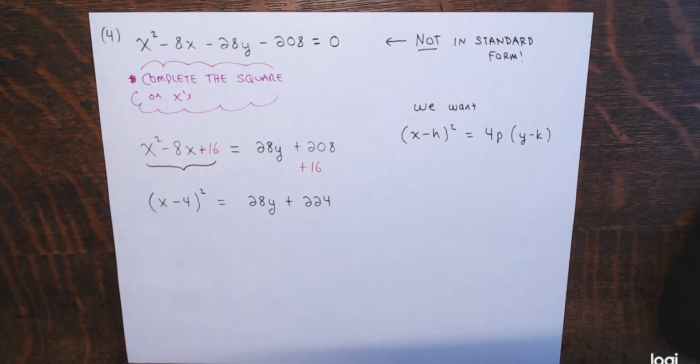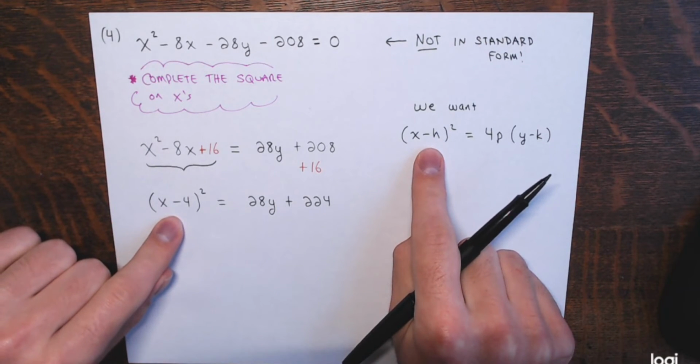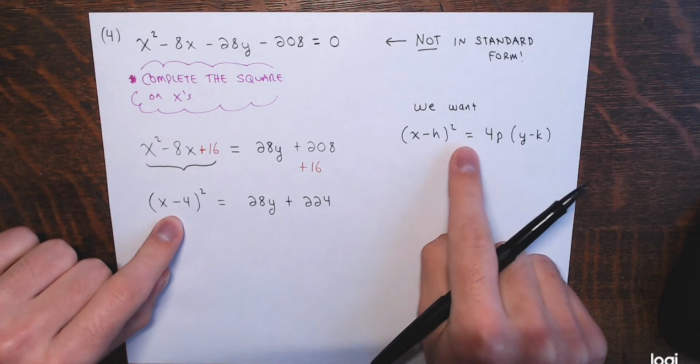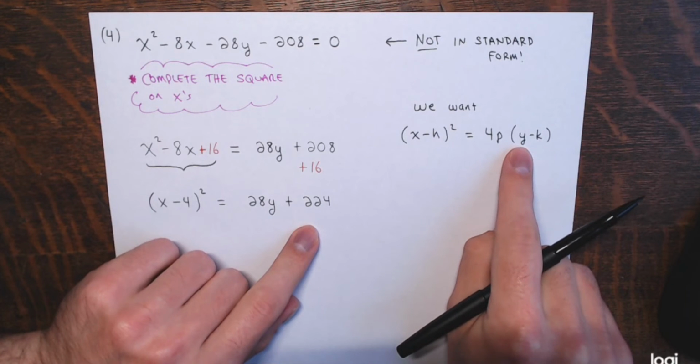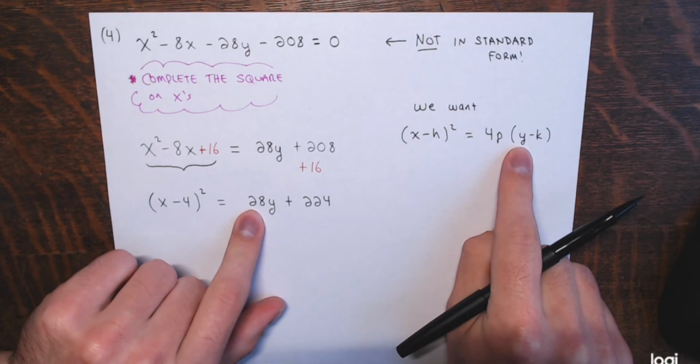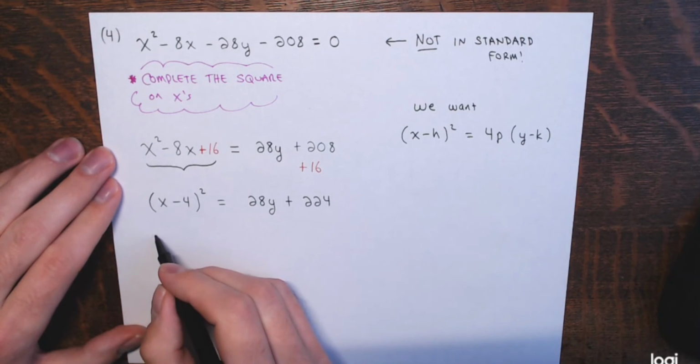Now I'm almost there. Right, you see the left side is in that x minus h squared form, a quantity with x squared. The right side, I want a quantity with y minus k, just one y, not 28y. So it's very simple. Just factor out the 28 from the right side.